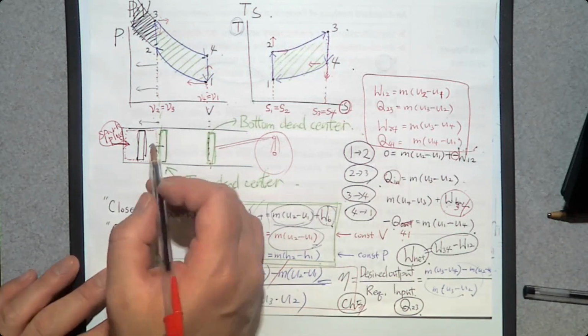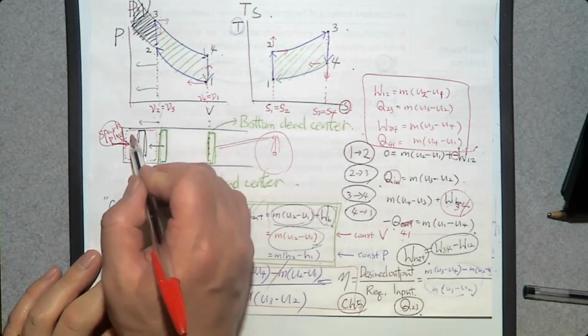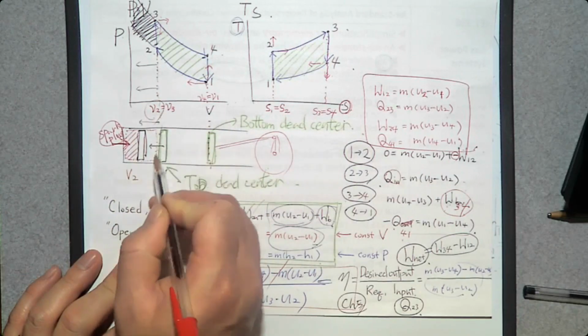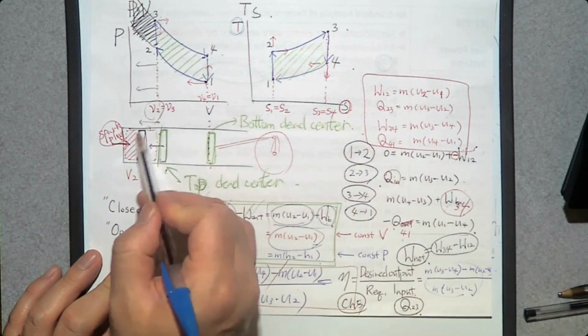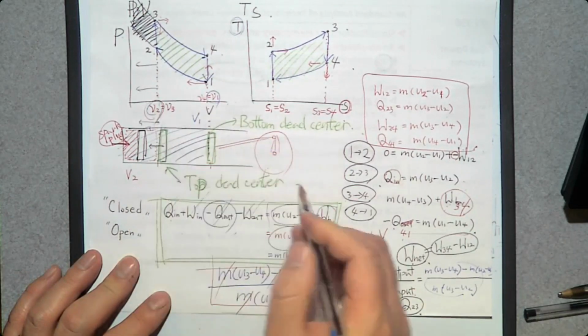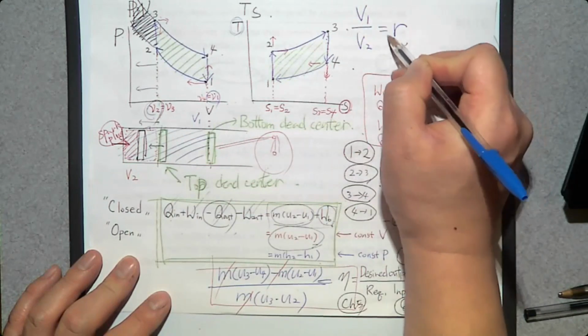The ratio between the volume when the piston is at the bottom dead center and the volume when the piston is at the top dead center is called the compression ratio. Let's say this volume is V2 and this volume is V1 here. V1 over V2 is the compression ratio r.